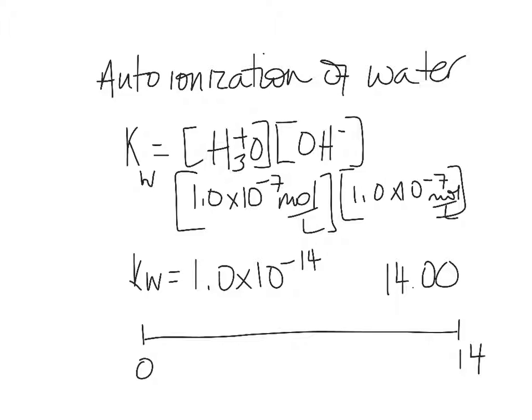Guess where we get the 14 from? It's amazing how everything's related. There's a reason for everything. There's a reason why your pH scale goes up to 14. And it's because of this relationship right there.